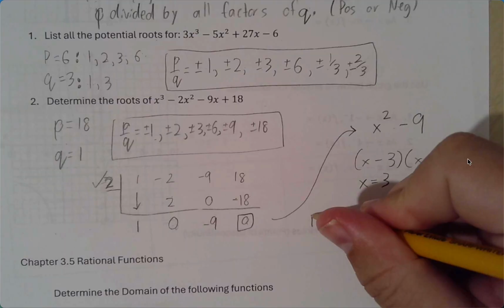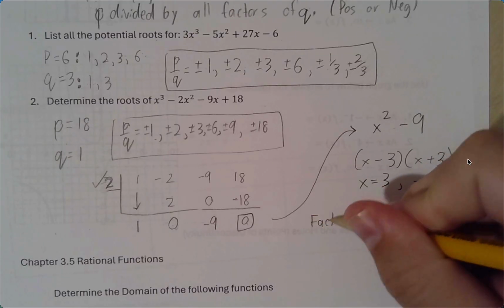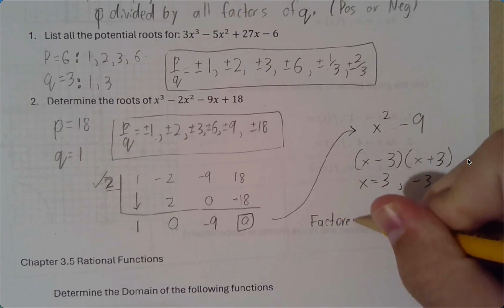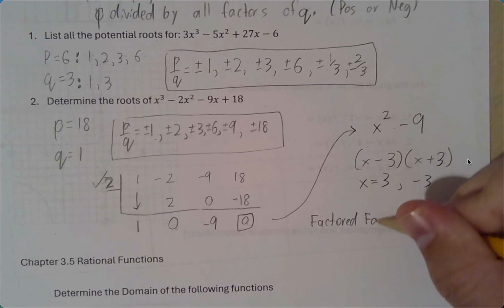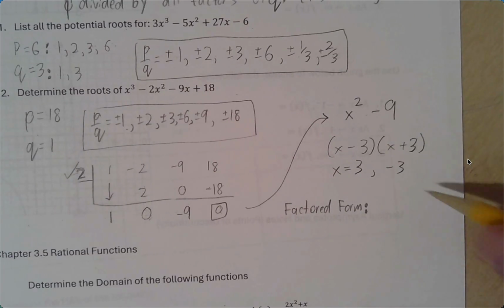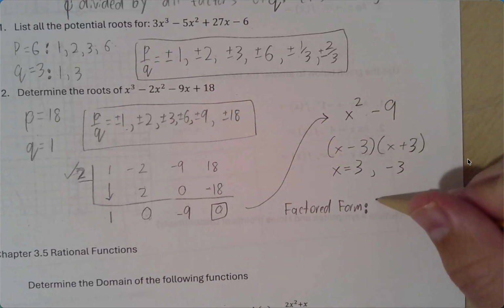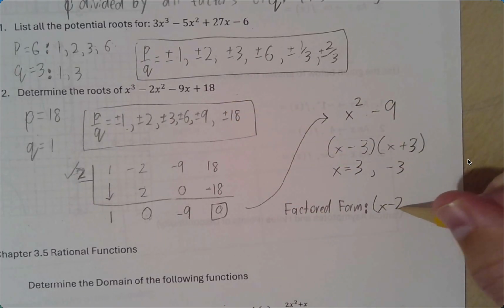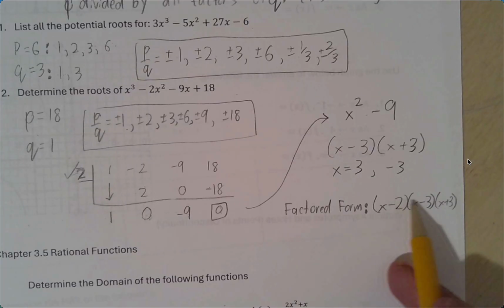So here's what I'm going to end this video with. That means for this question, the factored form of this entire polynomial would be x minus 2, x minus 3, x plus 3. You can hopefully see that because we already had the -3 and +3 right here.